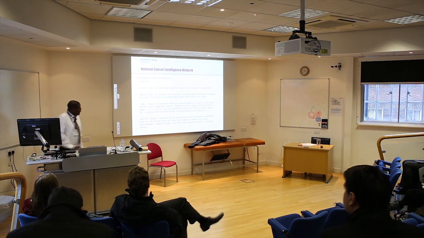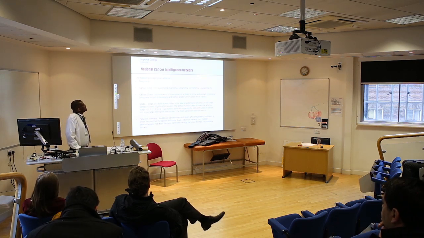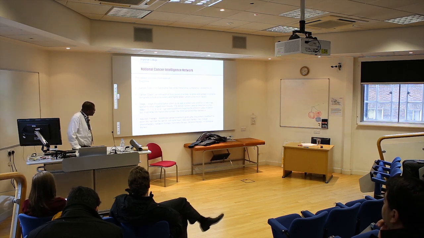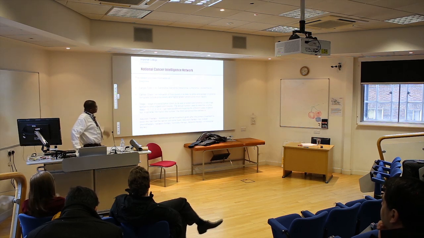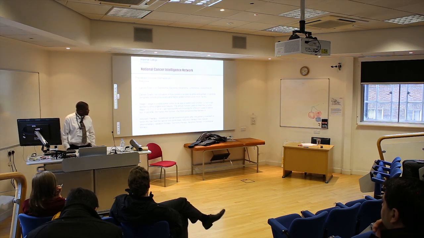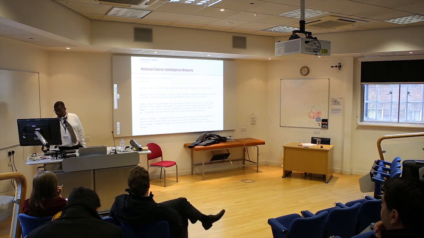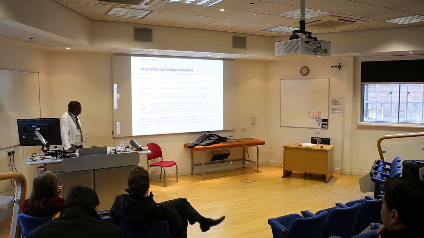Right, so if we concentrate briefly on the UK's National Cancer Intelligence Network, it provides information on the diagnosis, the cancer type, the cancer grade, stage, and adjuvant therapy. Most of this is self-explanatory.